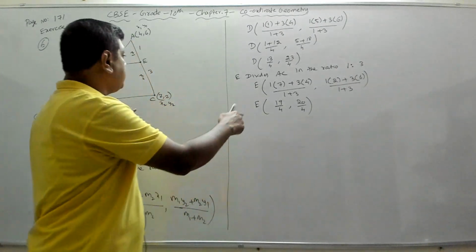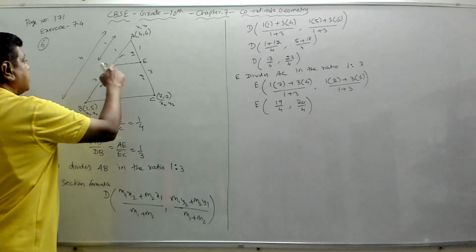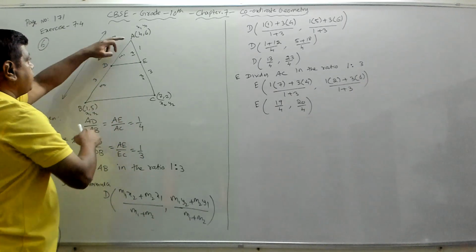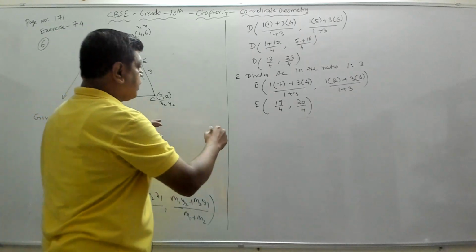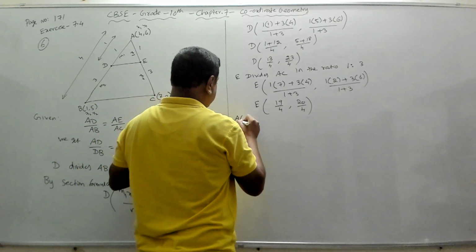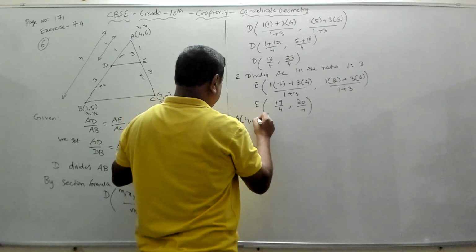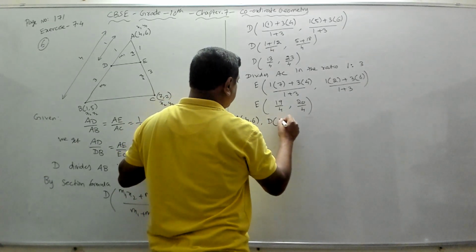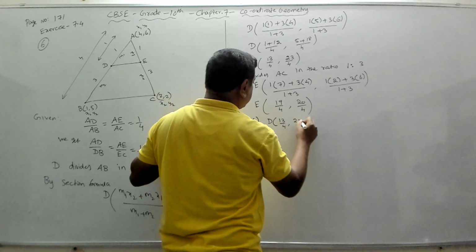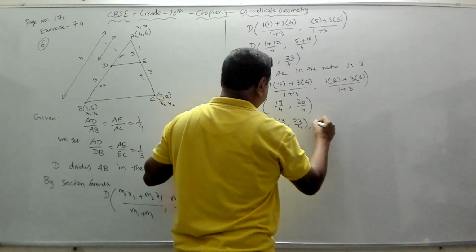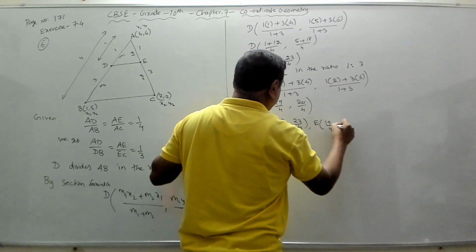Now we know the three vertices A, D, E. A we know, D we know, E we know. So we'll find the area of the triangle. A is 4, comma 6. D is 13 by 4, comma 23 by 4. And E is 19 by 4, comma 20 by 4.